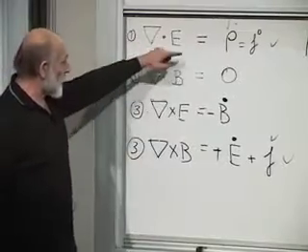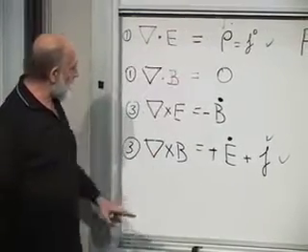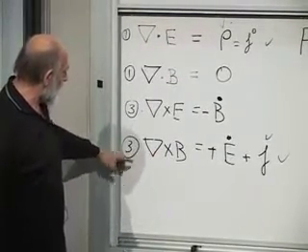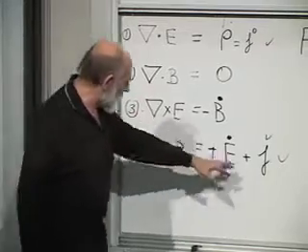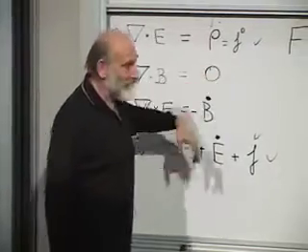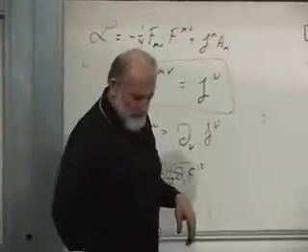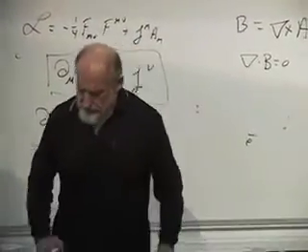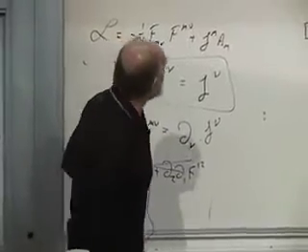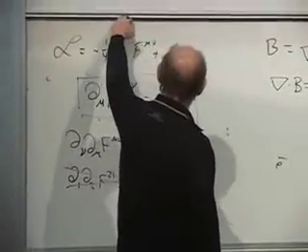We can check it right from here. We can differentiate this with respect to time, and we can take the divergence of some other equation over here, and we can check that the current will come out conserved. So that's a package, a Lagrangian of a very simple form, the simplest thing we could have written down.